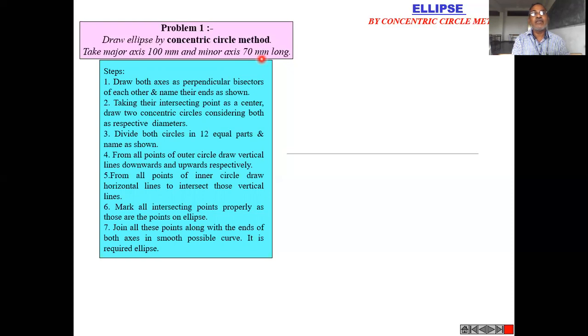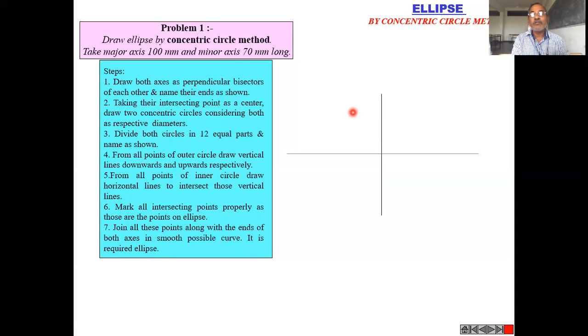So draw the horizontal line, which should be equal to the major axis, 100 mm. And you know already they are mutually perpendicular bisectors. So after drawing the horizontal line, find the midpoint, and through that draw a perpendicular line, as the minor axis is 70 mm.